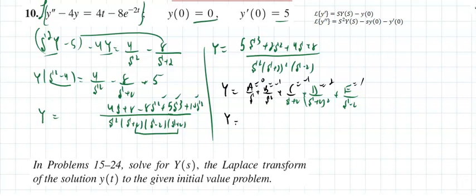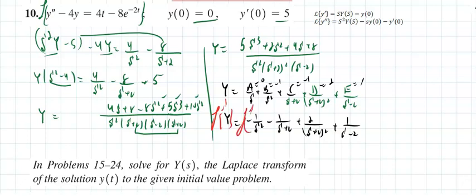So I could say that y equals negative 1 over s squared minus 1 over s plus 2 plus 2 over s plus 2 squared plus 1 over s minus 2, and if I apply the inverse Laplace transform, I'll get the solution, both homogeneous and particular, to be negative t minus 2e to the negative 2t minus 2te to the negative 2t plus e to the 2t.